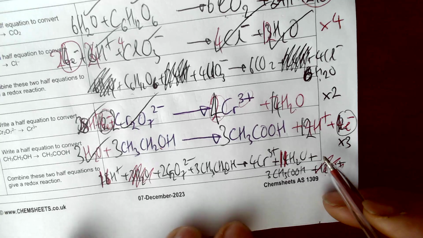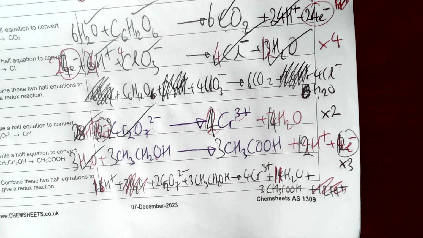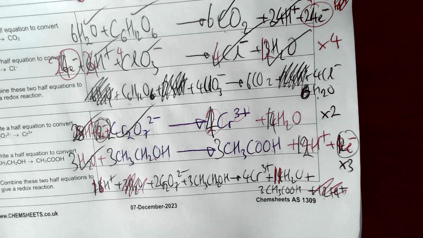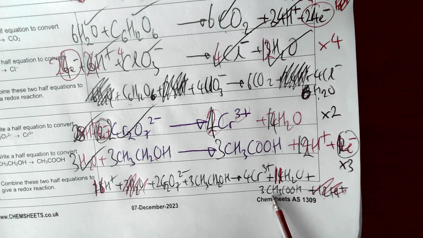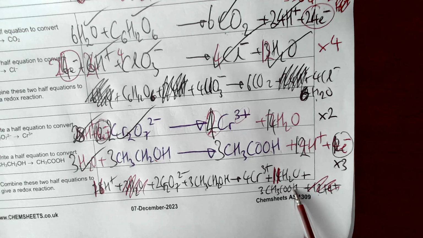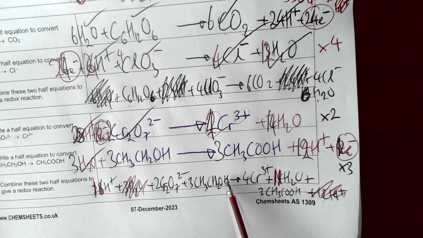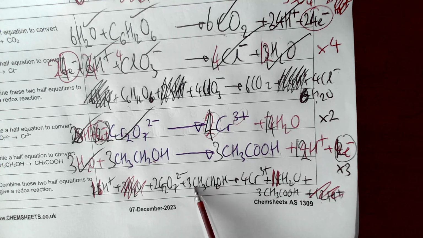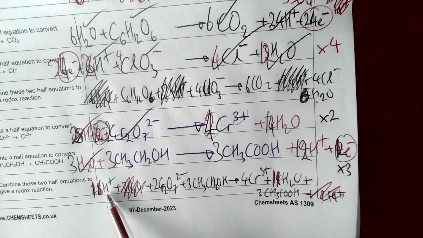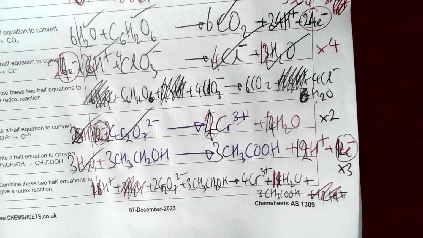I might have made a mistake here, but I'll have to wait and see in a second. Looks alright. 11 is just unusual. Let me just do a little check. I'm going to count my hydrogens. 34 on one side, and on the other 6, and there's 3 of them, so that's 18, 28, 34. It balances. Cool, there you go.